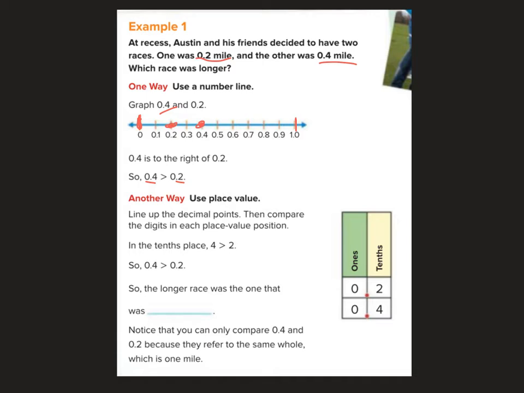Another way is using place value. If we think about the different place value spots, we want to first line up the decimal points. That's huge. If your decimal points aren't lined up, you are not able to compare anything. Then compare the digits in each place value position. So this is the ones place, the very old ones place you learned about probably in first grade or kindergarten.